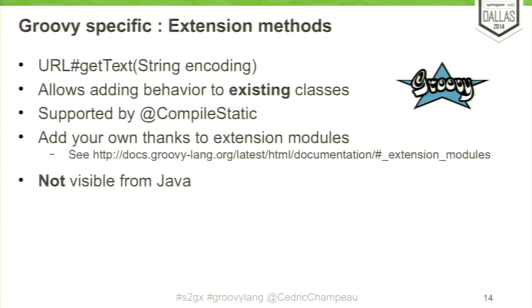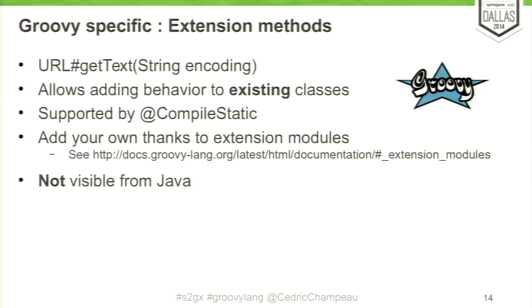Okay? So the idea is almost the same. I have a class, and I want to plug some behavior inside that class. The difference is that I am modifying an existing class. So in Groovy, we enhance the URL class to add one method, which is getText, with an encoding.